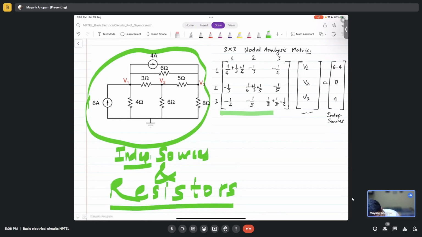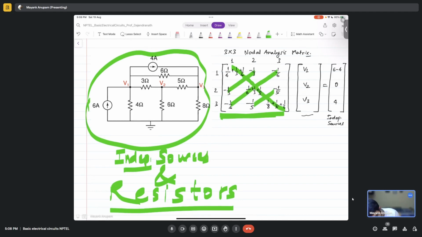This matrix here is symmetric about the diagonal. See, minus 1 by 3, minus 1 by 3, 1 by 6, 1 by 6, and here 1 by 5, 1 by 5. It is a symmetric matrix, and all the elements are like a conductance matrix. In this case, it is a G matrix, or conductance matrix. Correct?